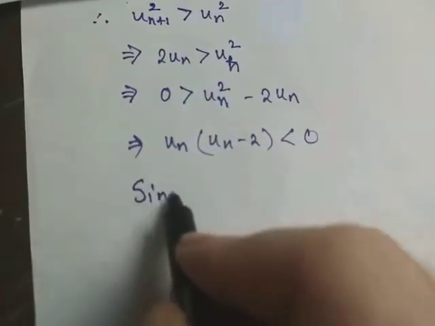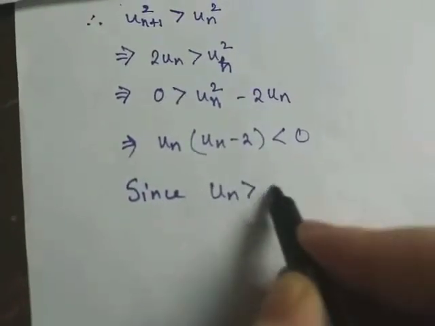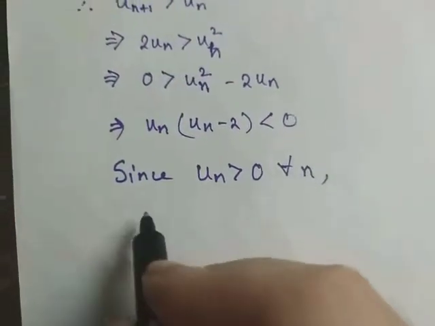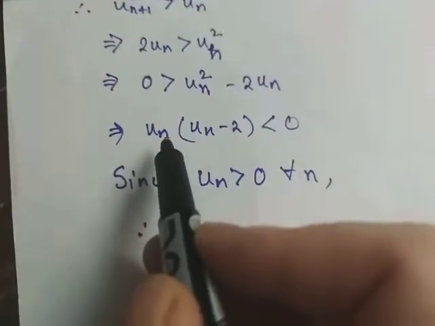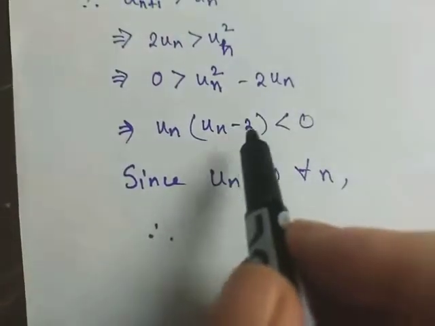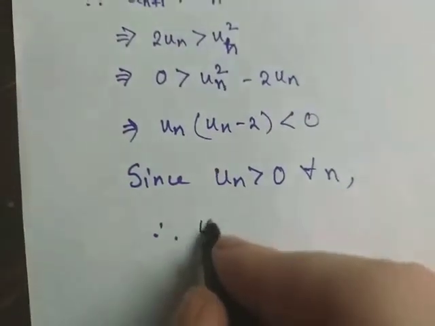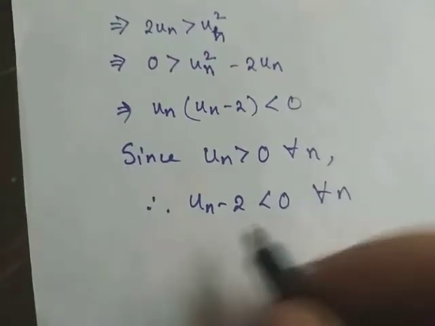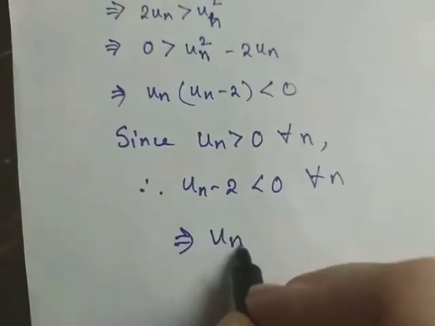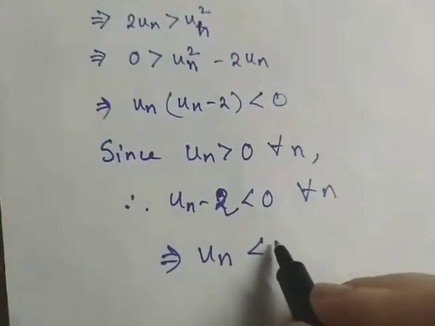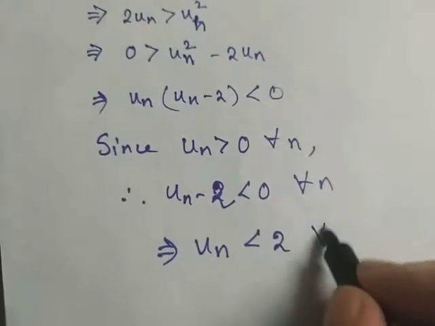Since un is greater than 0 for all n, this factor is greater than 0 for all n, therefore the other factor must be less than 0, because un into (un minus 2) is less than 0. Therefore un minus 2 is less than 0 for all n, which implies un is less than 2 for all n.